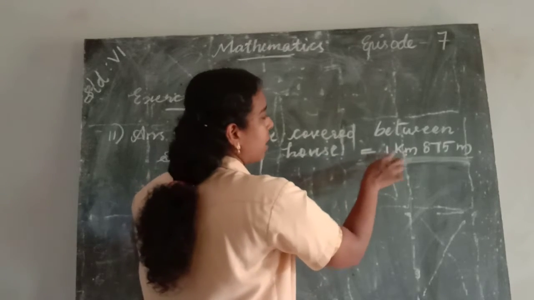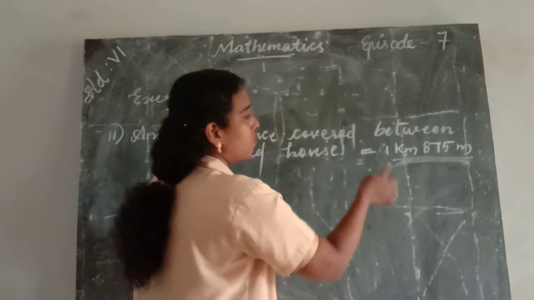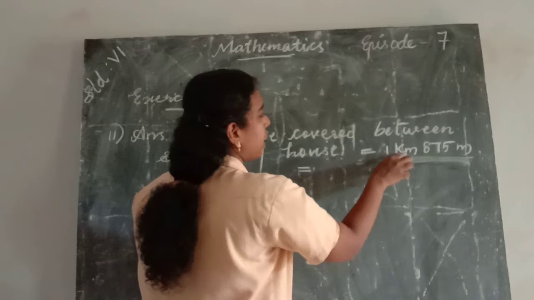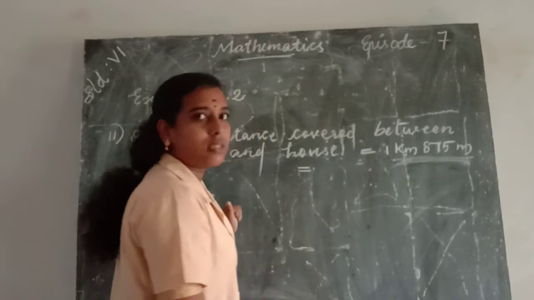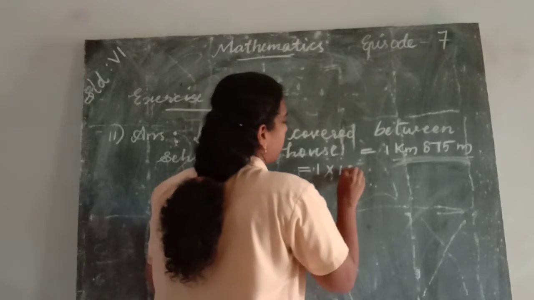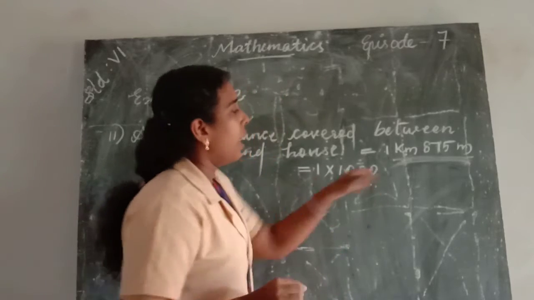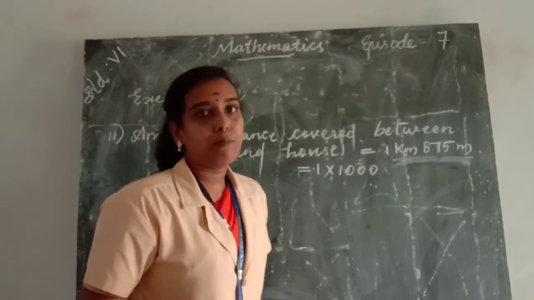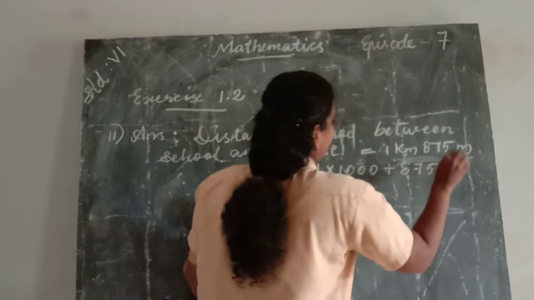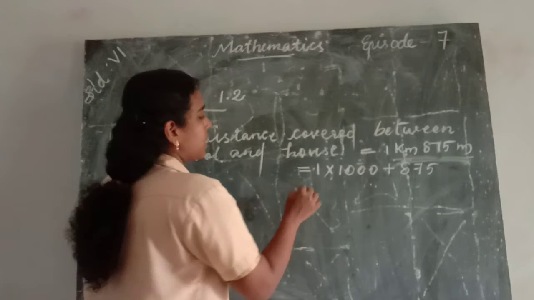Here we want to convert 1 kilometer into meter, so we multiply 1 into 1000. And 875 is in meter, so we add 875 with it.